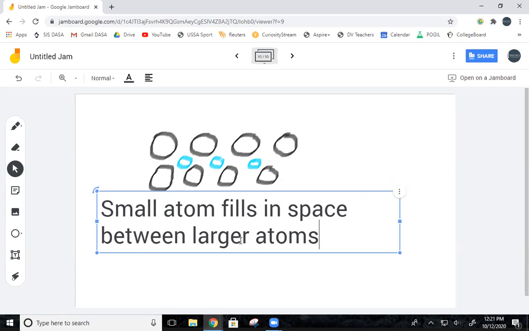Ergo, steel, in which carbon occupies the interstices in iron. Really, what you're just saying is the room in between them, the empty space between them.